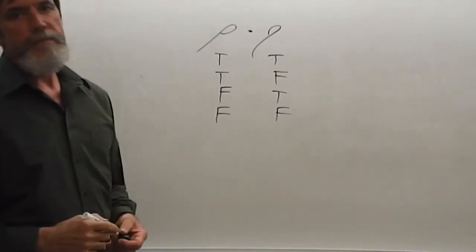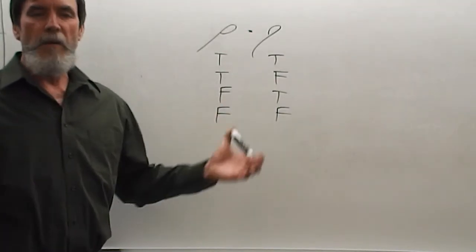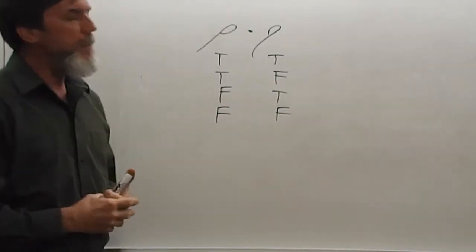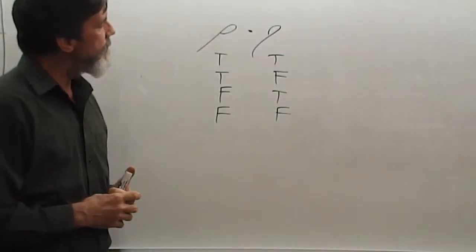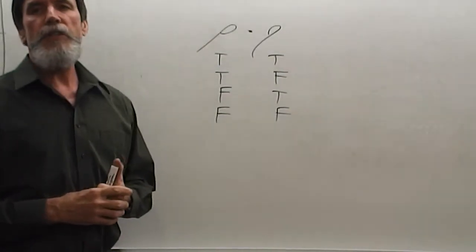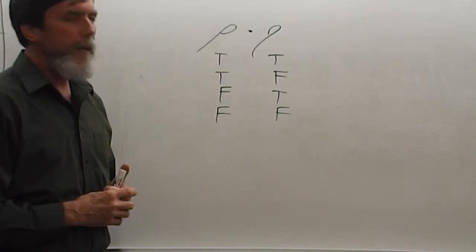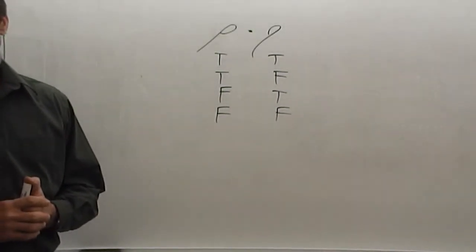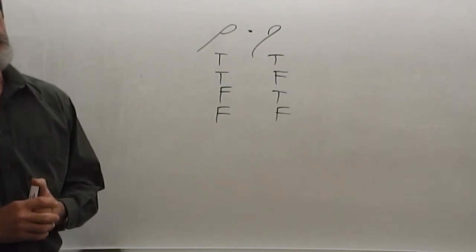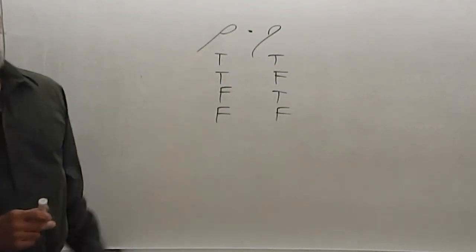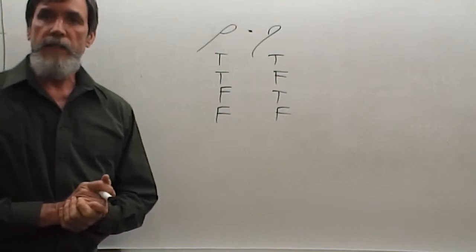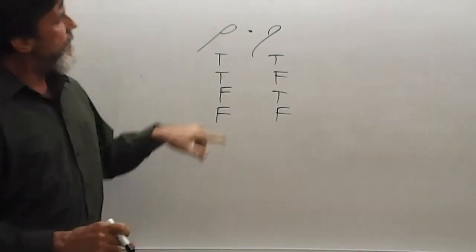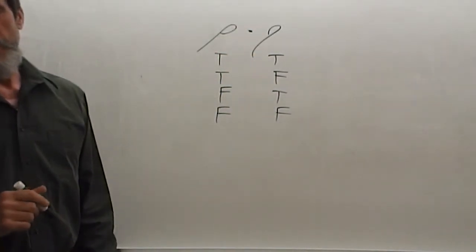In other words, they may both be true, depending on what statements they are. P might be true and Q false. P might be false and Q true. Or they might both be false. And those are all possible combinations for the truth values of those two components. The truth value of that dot, or in other words, of the entire compound statement, the conjunction, is a function of the truth values of the components.